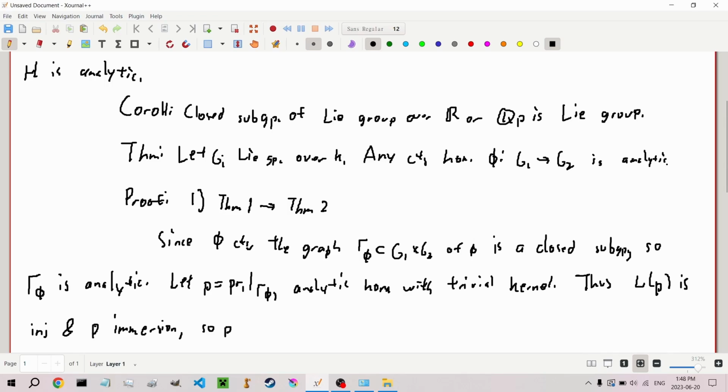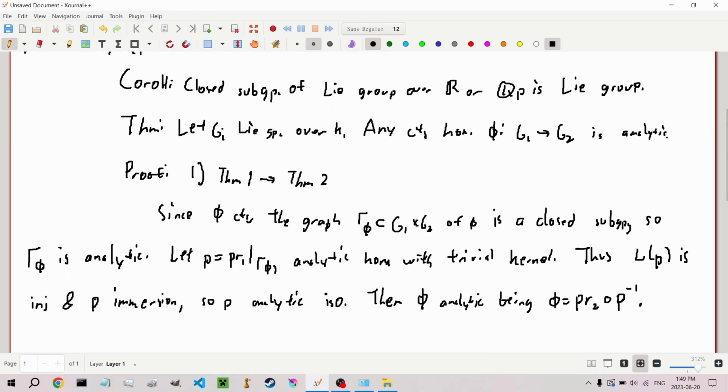So P is an analytic isomorphism. Then, of course, this gives phi as analytic, as it can be written as the composition of the second projection with the inverse of this first P. You know what I mean.